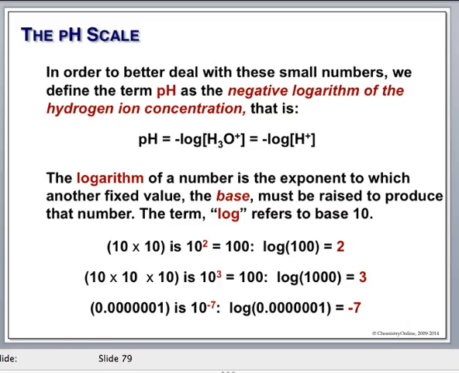Okay, so let's say we have 10 times 10. We can describe that as 10 squared, can't we? That's 100. So if I asked you what the log of 100 was, it's simply this exponent. So the log of 100 is 2. If we had 1,000, that's 10 times 10 times 10, 10 cubed.